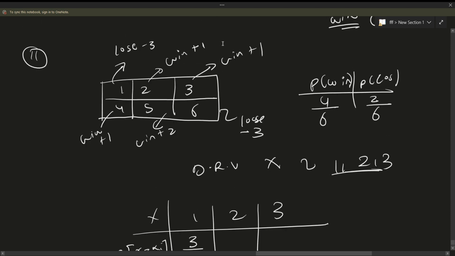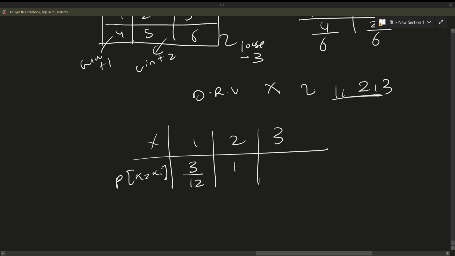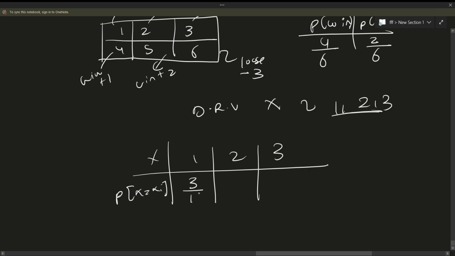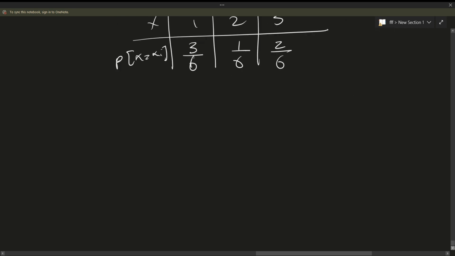How many times you got 2? That's just one time. Sorry, not 3 by 12, instead it will be 3 by 6, 1 by 6, and 2 by 6. Now let's calculate the expectation, which you can also write as expectation of x.